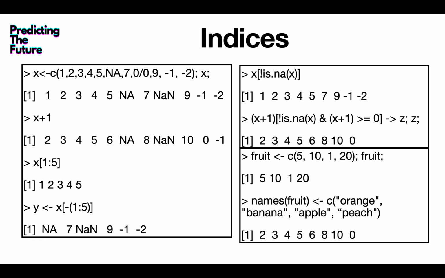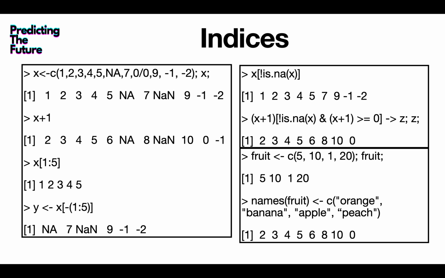Other examples, we can have pretty complex expressions trying to get a subset of this vector. So next example here, it's pretty complex, but if you see, we are checking whether we are getting the elements that is not available, and the value of the vector plus 1, the whole vector plus 1, that becomes a new vector, right?